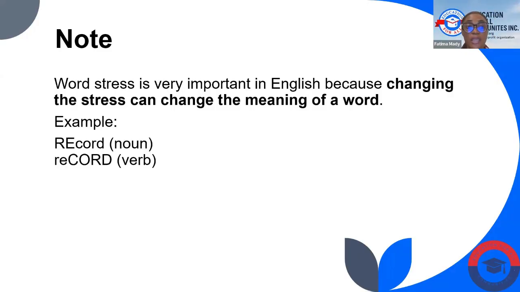Okay? So it's to tell you that if you pronounce it with the stress on the first syllable, it means you're talking about the noun. And if you pronounce it with the stress on the second syllable, that is the chord, it means you're talking about the verb.